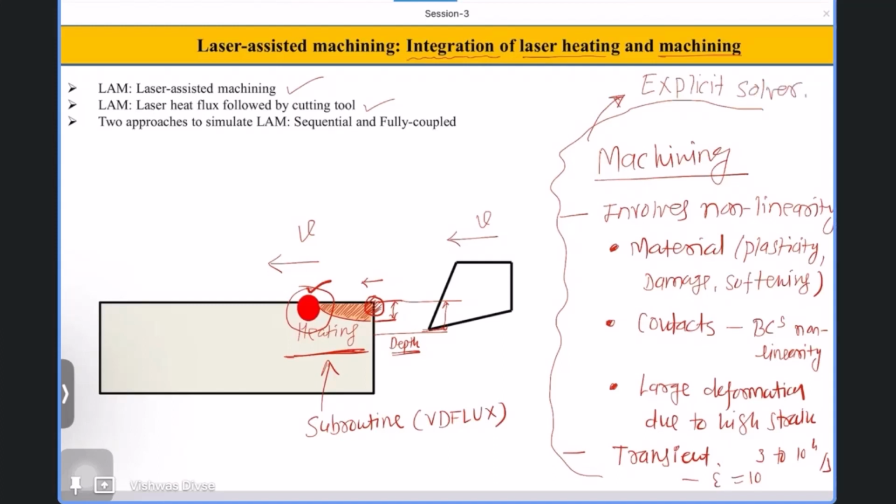And even in Abaqus, the Johnson-Cook damage model is not available for implicit, because they know that such kind of softening and damage cannot be handled by the implicit method. So definitely we have to go for an explicit solver, or Abaqus Explicit. That's why the DFLUX subroutine will not work and we have to go for VDFLUX, because any subroutine starting with V is specifically written for Abaqus Explicit.